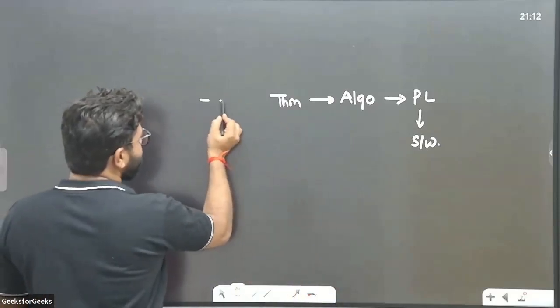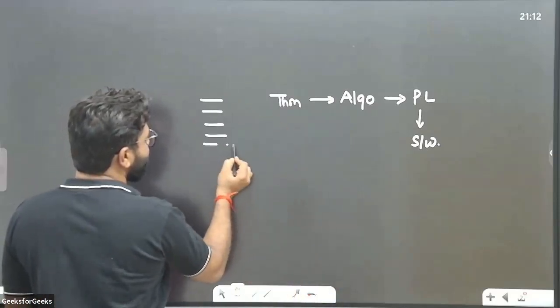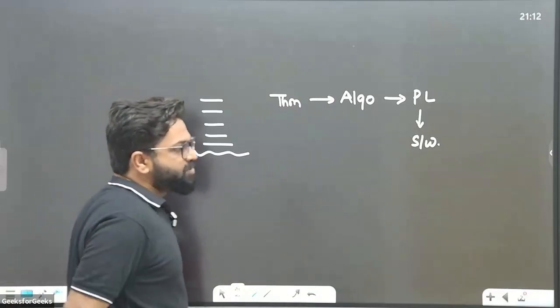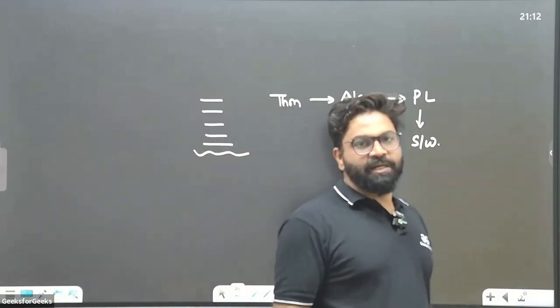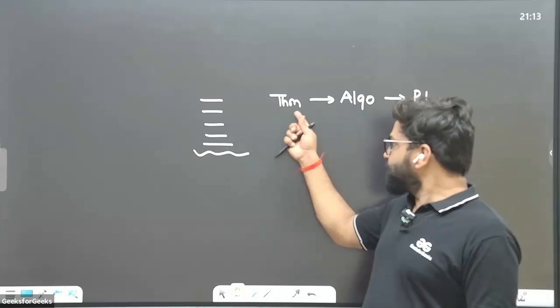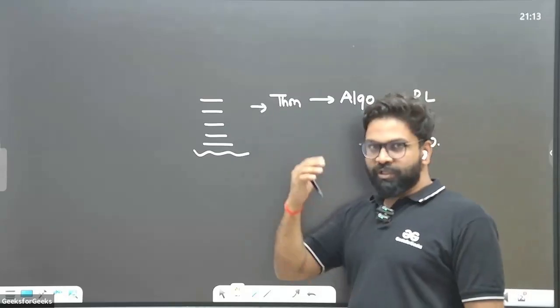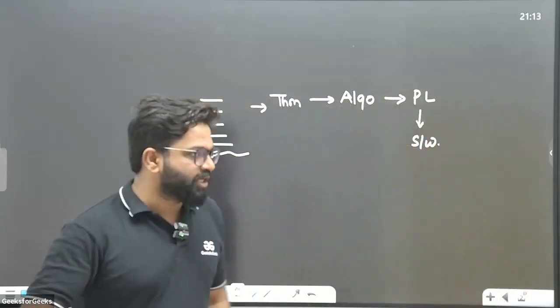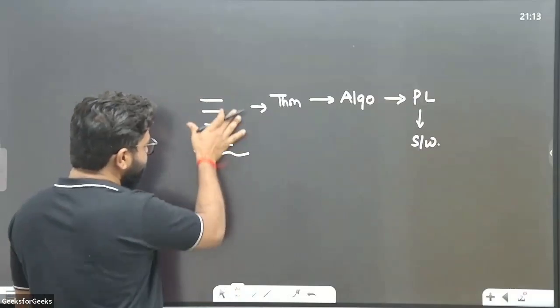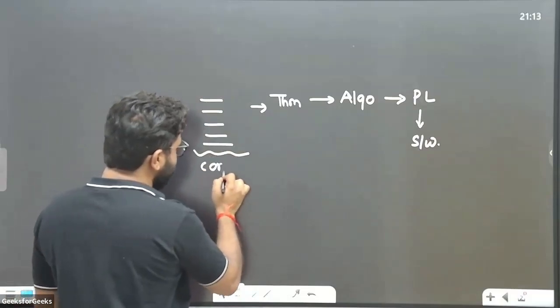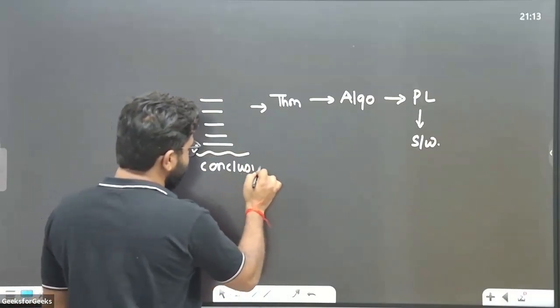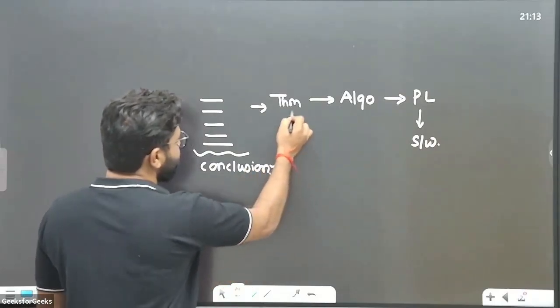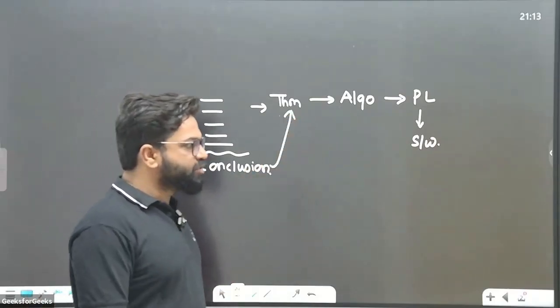But what exactly is a theorem? A theorem does not come from one direct statement. A theorem basically comes from a conclusion, a set of statements which leads to the conclusion. So there are different types of statements, and then there is one conclusion, and this conclusion leads to a theorem.